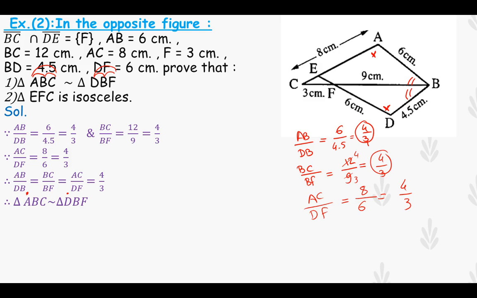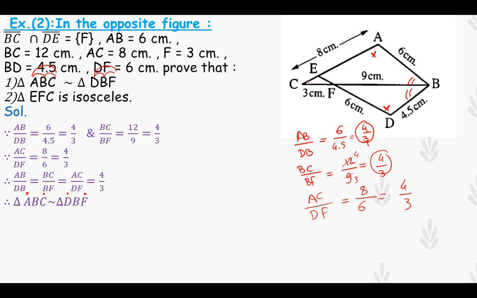So also you can say, as in the previous example, that CB bisects angle ABD, but this is not required in this problem. And the measure of angle C, the last one, is equal to the measure of angle F.